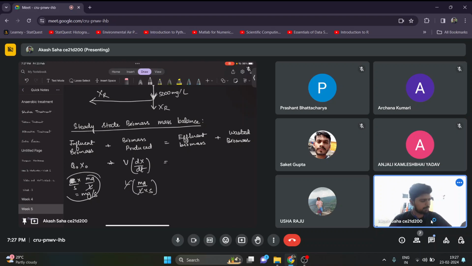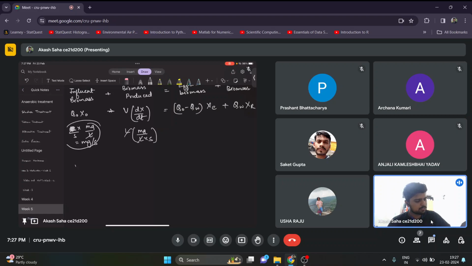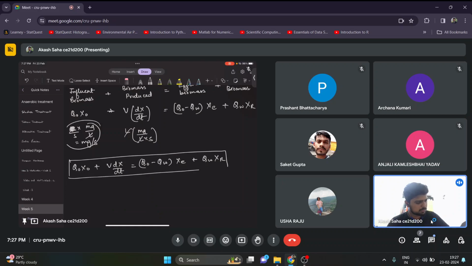And now the effluent biomass. What is my effluent biomass? That is Q naught minus QW into XE that we have found out. And my wasted biomass will be QW into XR. So this is my first equation. I will write it as Q naught X naught plus V dx by dt is equal to Q naught minus QW XE plus QW XR. Okay. So this is my first mass balance equation.